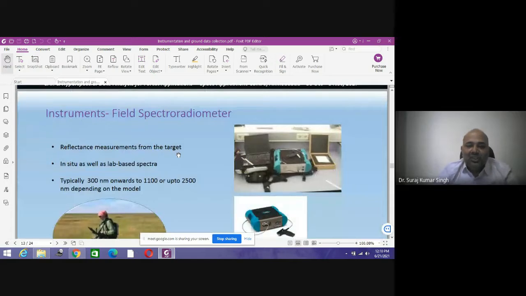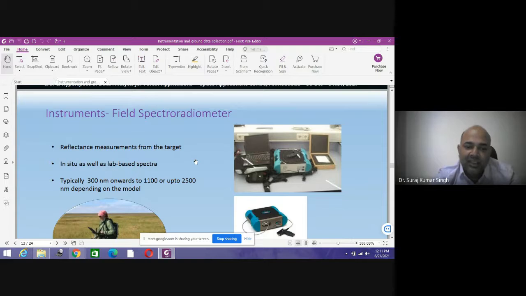Some of the field instruments that are more popular when you are going into the field is the spectroradiometer, which measures the reflectance from a target, just like each and every object behaves differently in electromagnetic radiation, as we have seen, and our satellite sensor has the capacity of recording those minute differences.